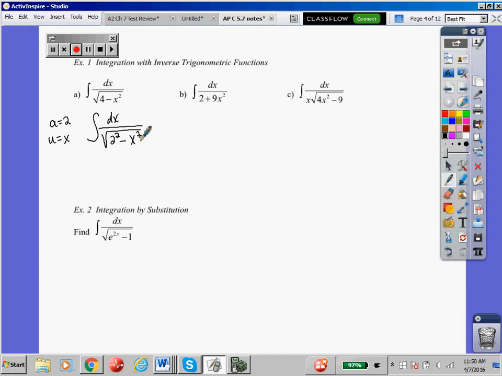But out of the 3, is this arc sine, arc tan, or arc secant? Which format is it? It's arc sine. So this is going to be arc sine, the u is x, and what's a here? 2. So this one is just arc sine x over 2 plus c.